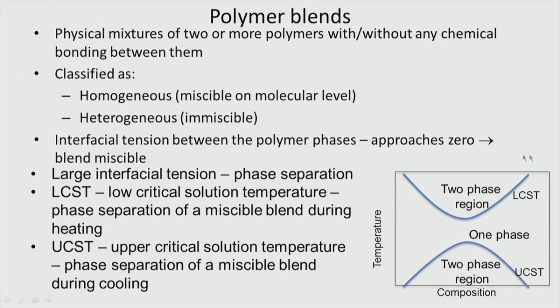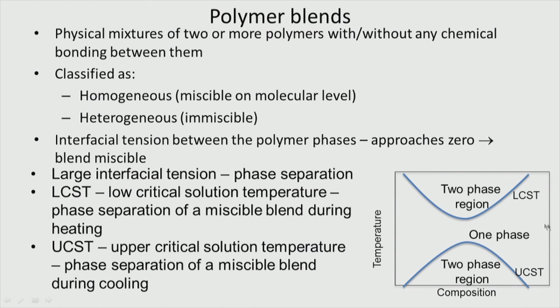Okay. So, we can get this type of graph where the y axis is temperature, x axis is composition. So, I mix them together and in this region of temperature they will be in single phase, whereas if it goes here or here, this is the low critical solution temperature, okay, during the heating phase, and this is during cooling phase, okay, where we will have the 2 phase separation taking place.